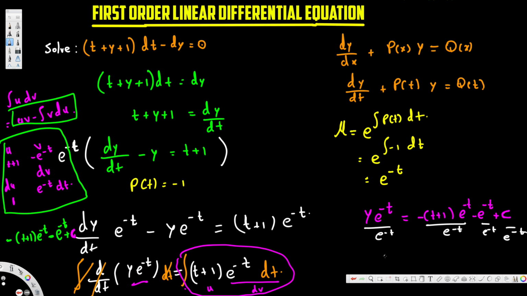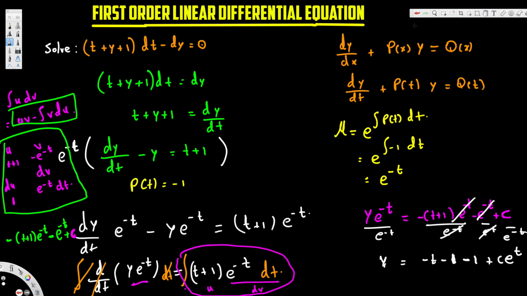If you divide this by e^(-t), that's just y, and on the other side this is going to cancel with this one, so we will have minus (t + 1) minus 1. Also we can multiply the minus through, so this is going to be minus t minus 1, and here we get minus 1, and plus c over e^(-t), or we can write it as c times e^t, because if we bring this to the numerator, it becomes positive.